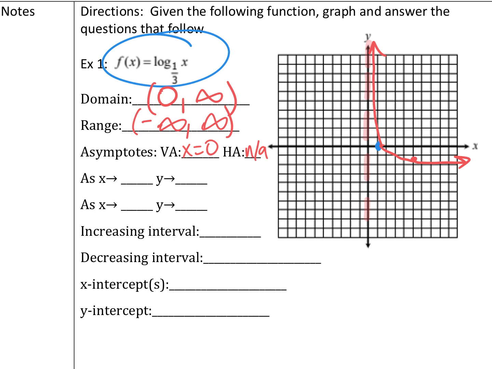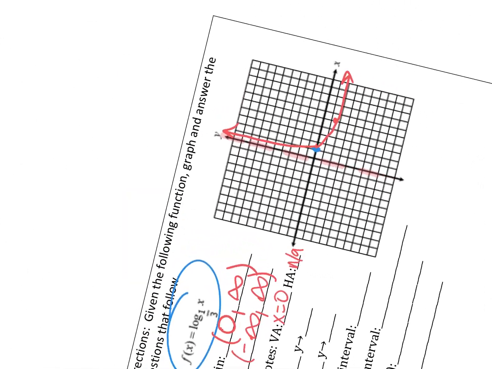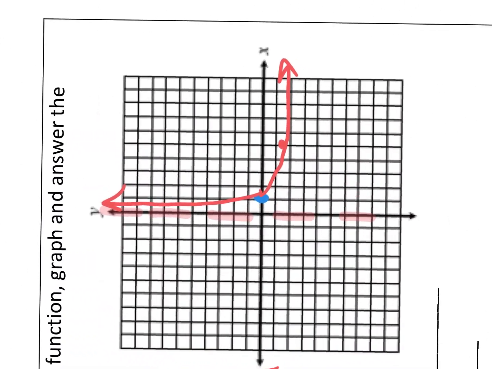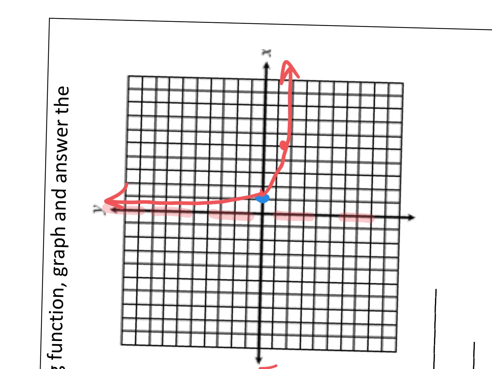So doesn't it make sense that these are inverses and their domain and range are polar opposites? Because that's what inverse means, is opposites. Are you with me? Okay. If I took my iPad and I just rotated this, doesn't that look like an exponential, which is what we just graphed?